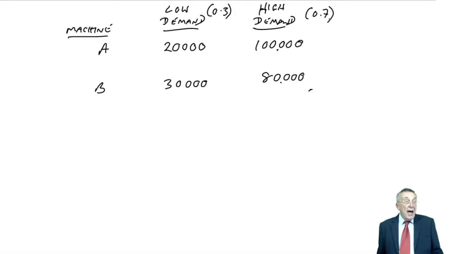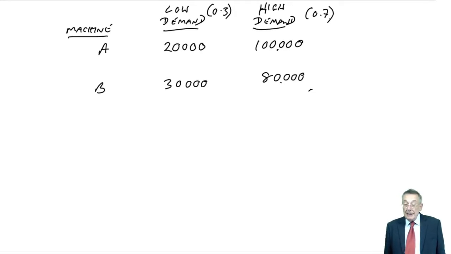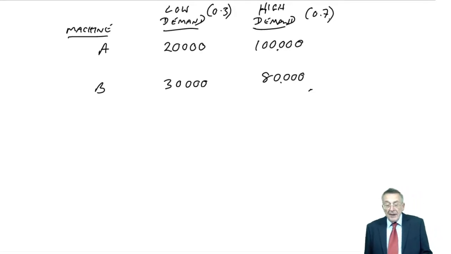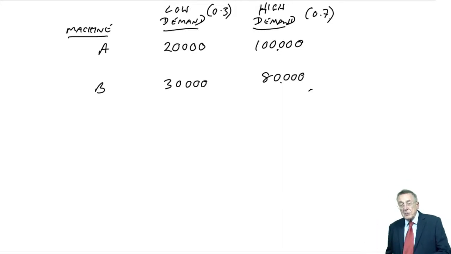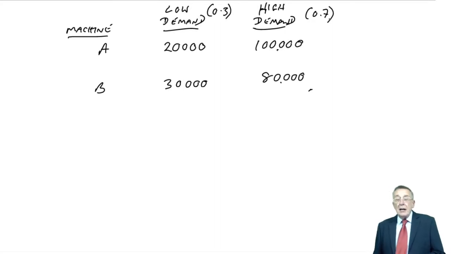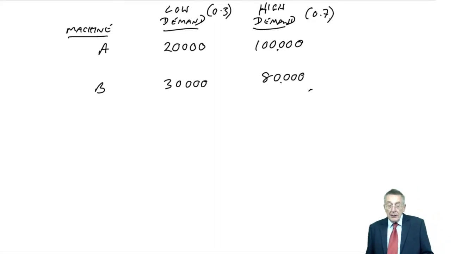Another approach would be to say, if we picked A, we'll either get 20 or 100 with those probabilities, and we could work out a weighted average.